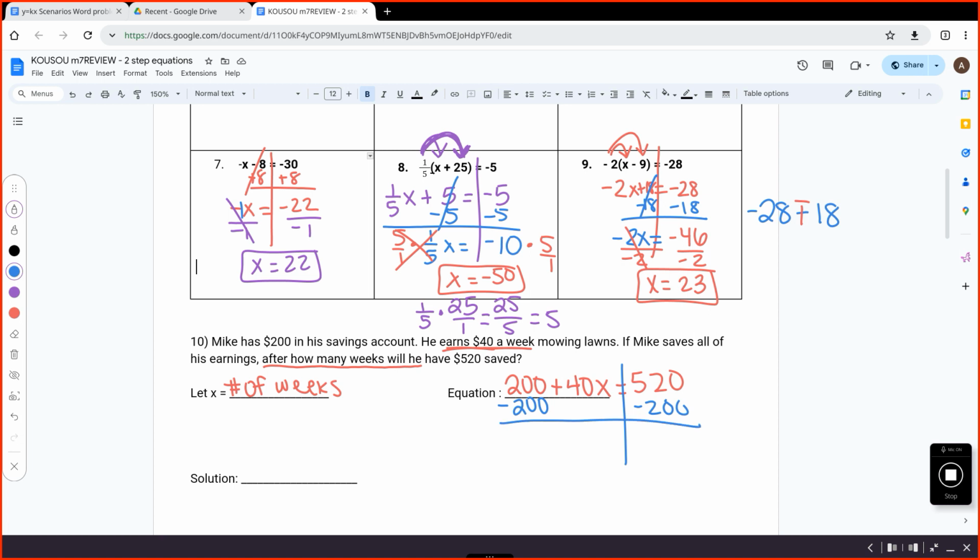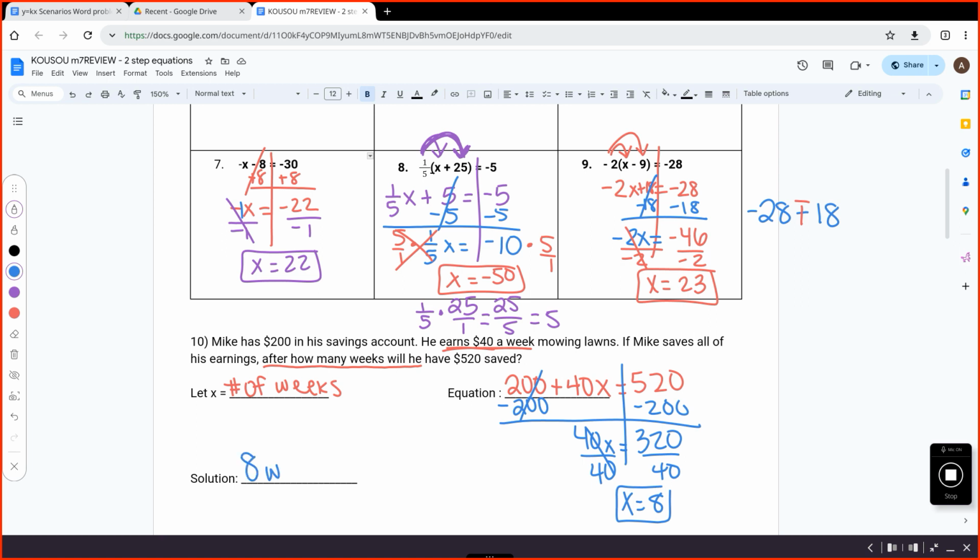We want to move the constant, not the term with the variable. All right, so 200 minus 200, that cancels out. We are left with 40x is equal to 520 minus 200. So 520 minus 200 gets us 320. Then you divide each side by 40, and you get x is equal to 8.